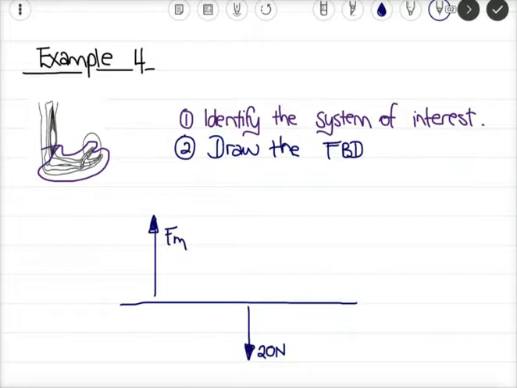And then remember, with the joint forces, we're just guessing their directions, and we'll see whether our guess is right later on. So we have joint in the Y, joint in the X.